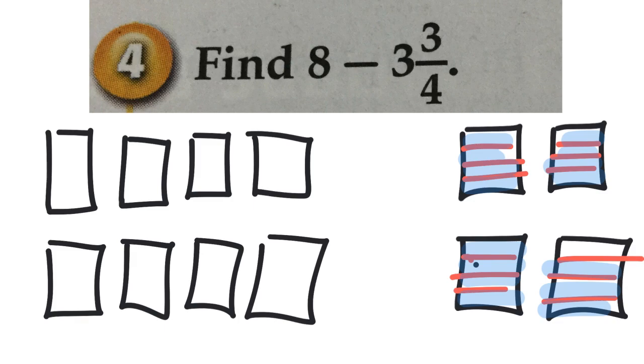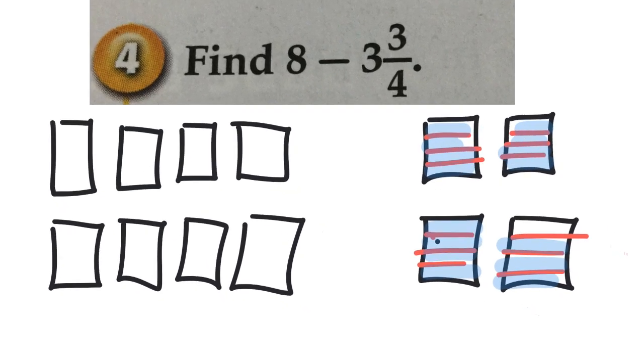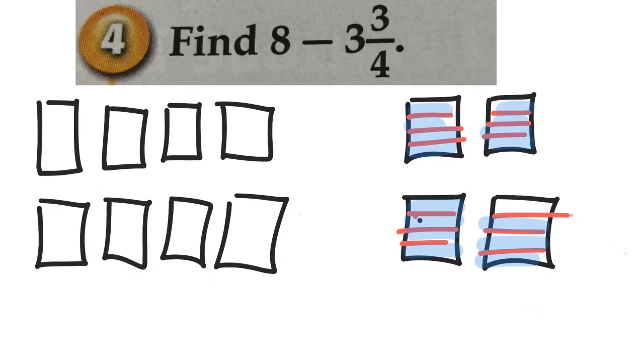So what is 3 and 3/4 as an improper fraction? 15/4. Yes. Is everybody good with that? Now what is 8 as an improper fraction? Okay, yeah, we could think of it as being 8/1.